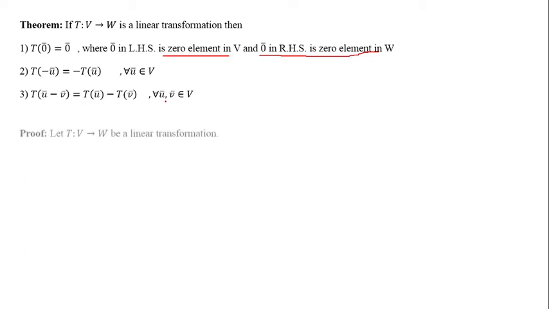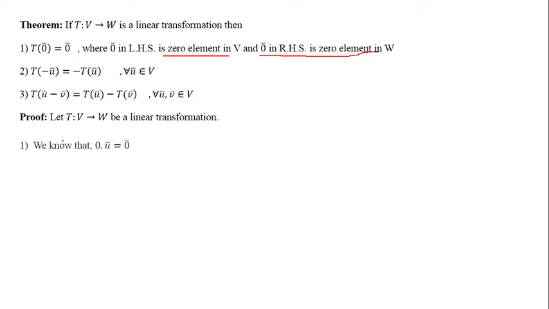So let's prove this. We are given that T from V to W is a linear transformation. For the first condition, we have already proved in our unit number 2, vector space, section 1, that 0 dot U bar is the zero vector, 0 bar. Now apply T on both sides.